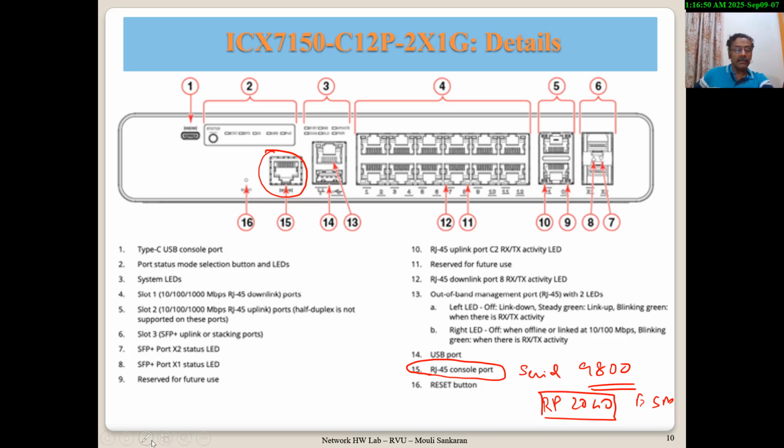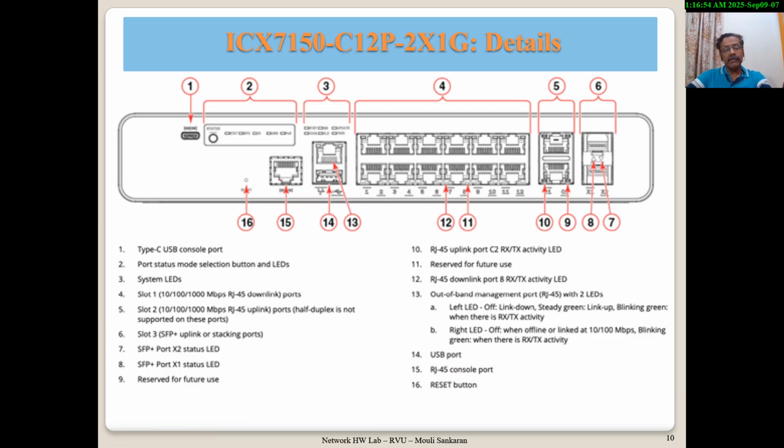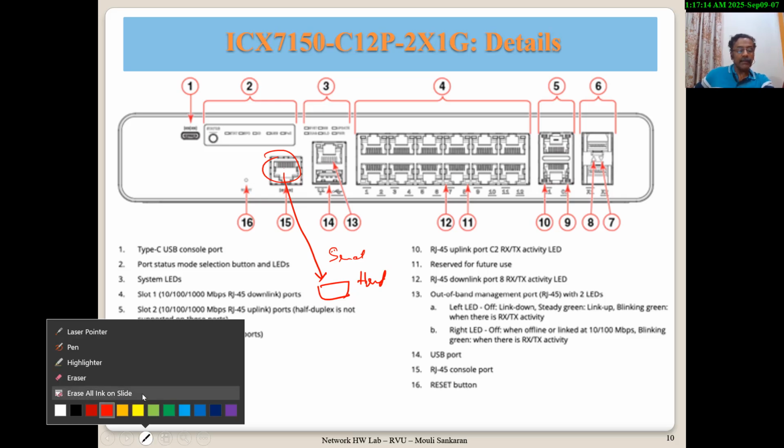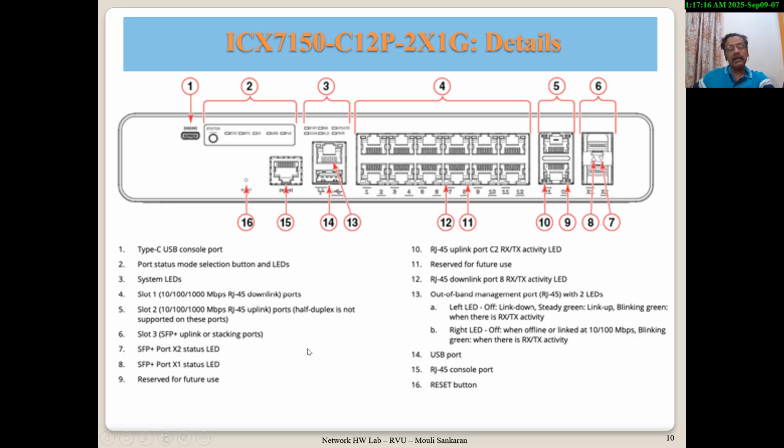But when this device is shipped, it is configured to interact with any host device. I'll call it a host because you are connecting a desktop using serial communication. Though the port looks like an Ethernet port, the physical interface is like that, but it is actually serial communication. RS232 is what is being used for communicating with the device.